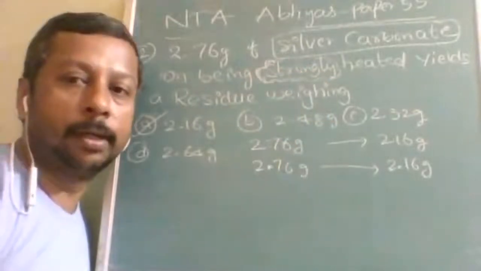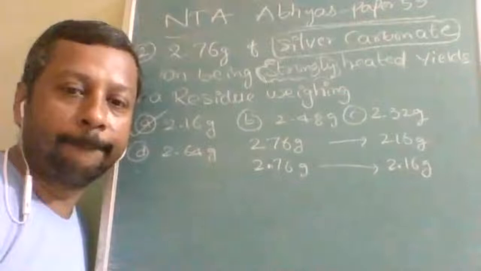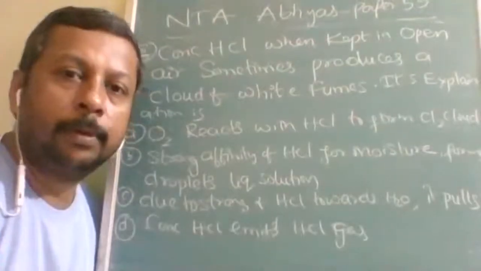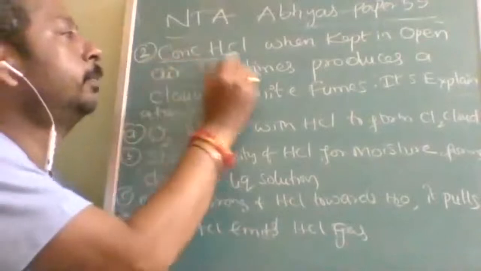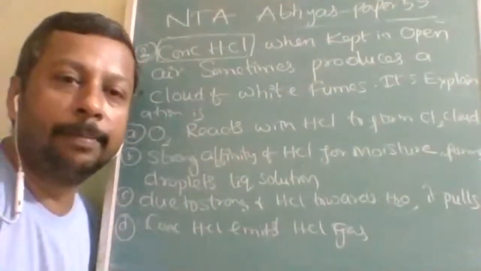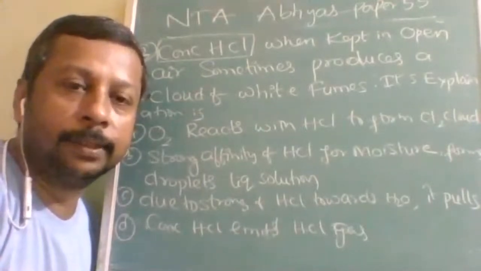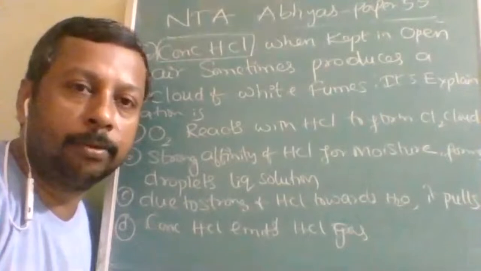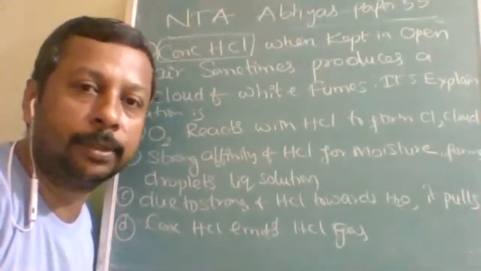You should know what happens when it is strongly heated and what happens when it is normally heated. This question was asked many times, so people get the wrong impression that it is the same question. When you see HCl white, as a normal student what will strike your mind is NH4Cl.